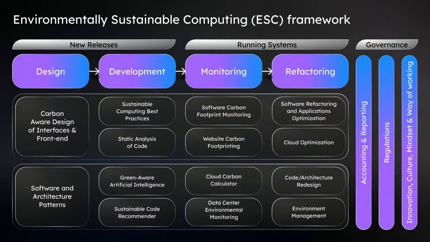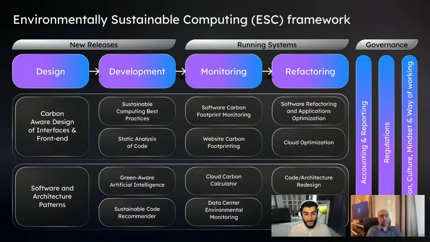It all starts from the design and development, monitoring, and also refactoring. Basically, they deal with new releases. It means if you're building new software, you can work on some concepts to make your software development more green or more sustainable, or some of the action items that you can have for running systems in order to make them more sustainable.